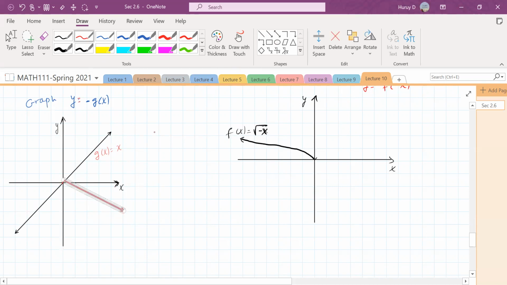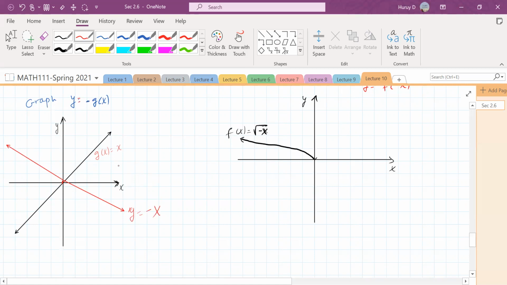Anyway, it will look like this one, and this one, if you reflect it along the x-axis, it will go up, and then we will have something like this one. So the reflection becomes this, and this is y equals negative x.